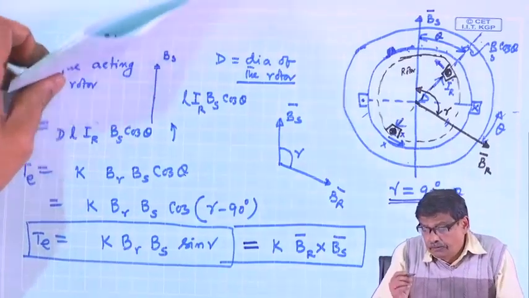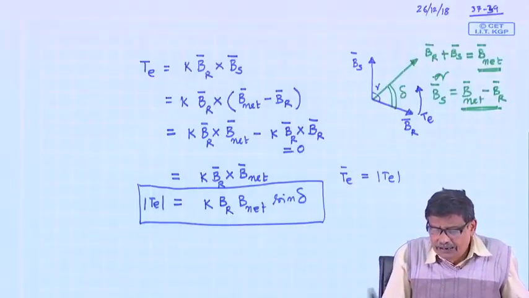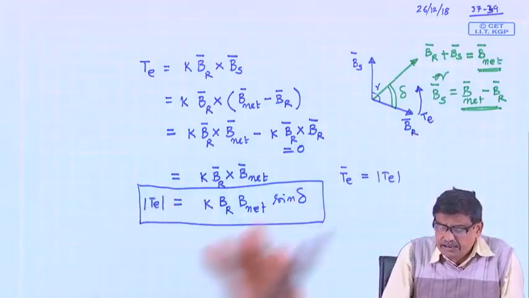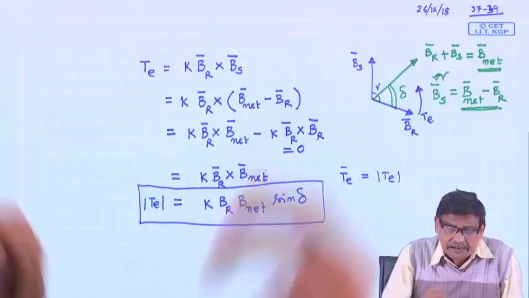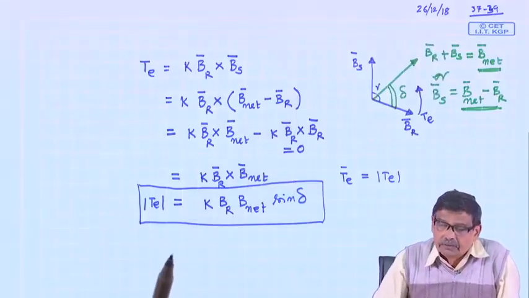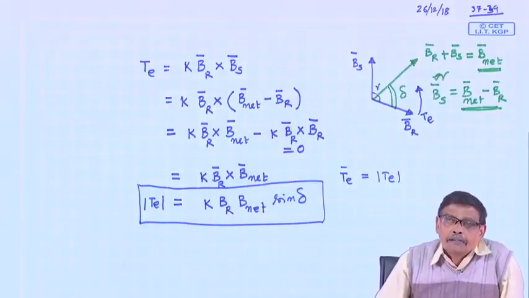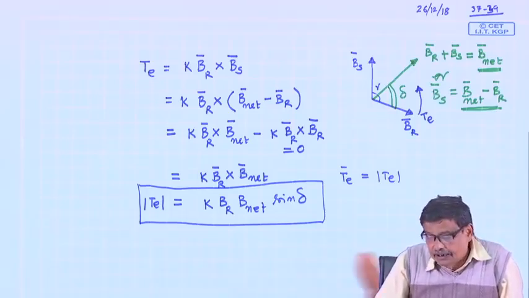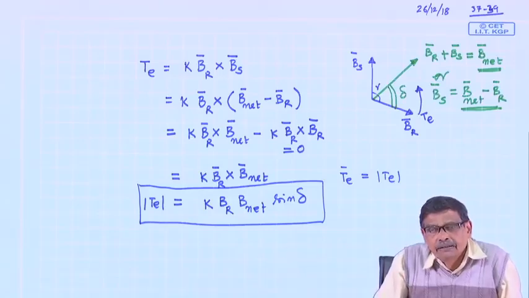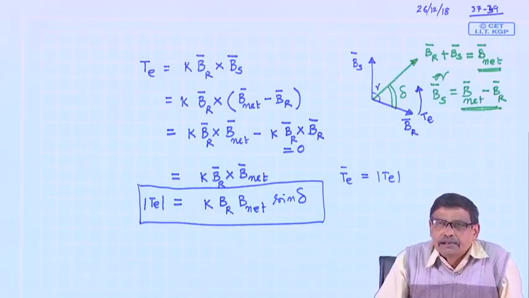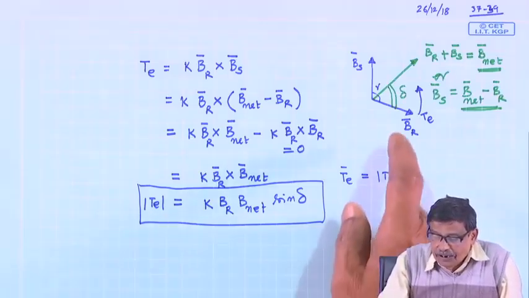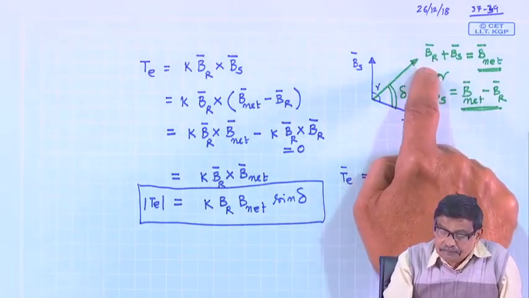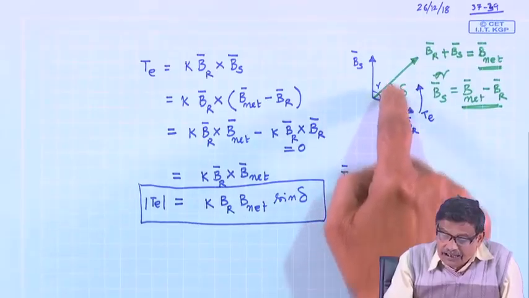This now tells me that no matter whether B r is created by a DC current or not, B s is created by a DC current or not, whether they are moving or not, at a given instant of time, if you can position correctly B r, B s and B net, you can be rest assured that at that instant torque will be strength of B r, strength of B net into sine of the angle between these two.